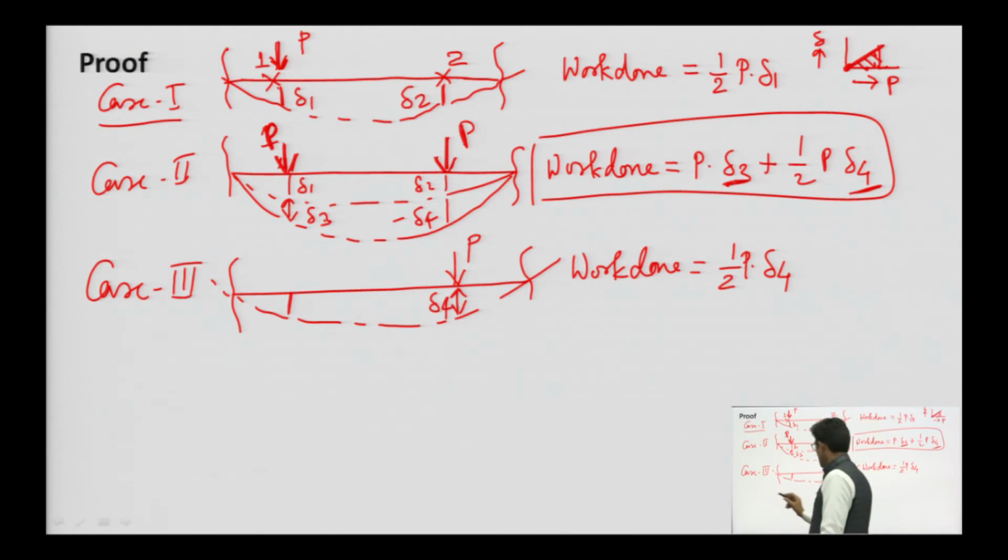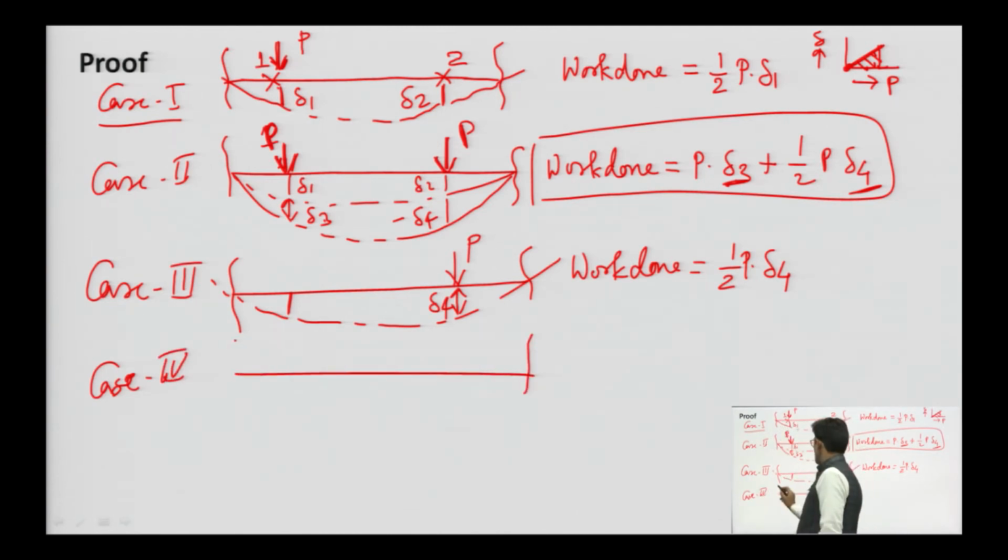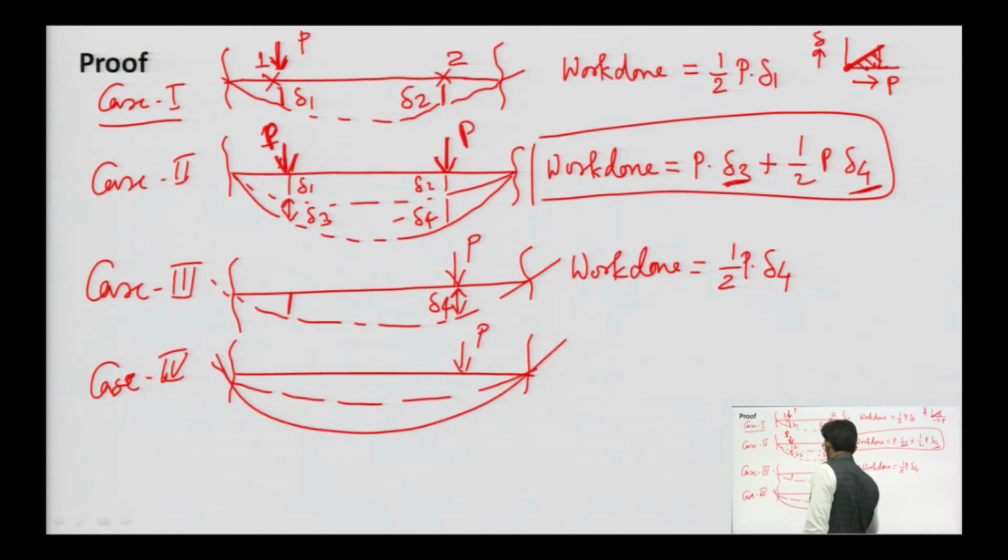Now, case 4. P is acting here initially, then we apply force P here. So, now it is del 4, and what will be the ordinate of this?